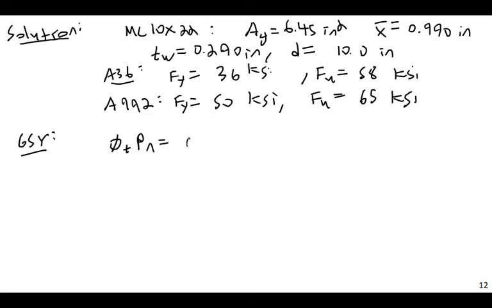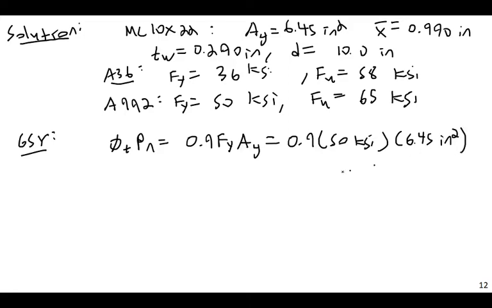In this case, it's going to be 0.9 times Fy times Ag. So that'll be 0.9 times 50 ksi times the gross cross-sectional area of 6.45 inches squared. And this then comes to 290.3 kips. So we have our first limit state here.